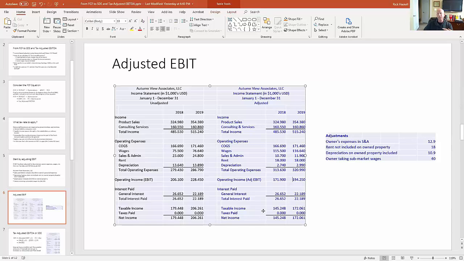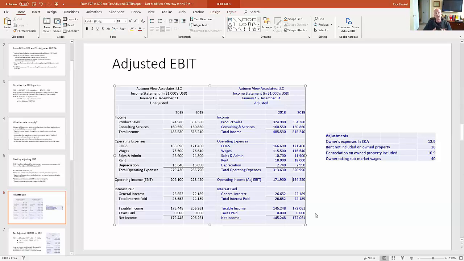But again, that's really not going to affect us when we think about the SDE equation or the multiples form of valuation here. But I went ahead and represented them anyway. But notice I've represented as zero taxes paid because taxes aren't paid at the company level or at the firm level with most small businesses that are organized as partnerships, proprietorships, LLCs.